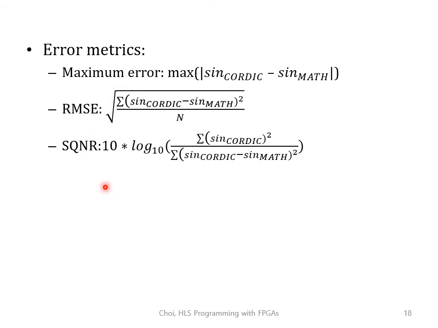Another very commonly used metric is signal to quantization noise ratio. It is 10 times log base 10 summation of the signal divided by the error squared. The choice of these error metrics will depend on the specification of the application.